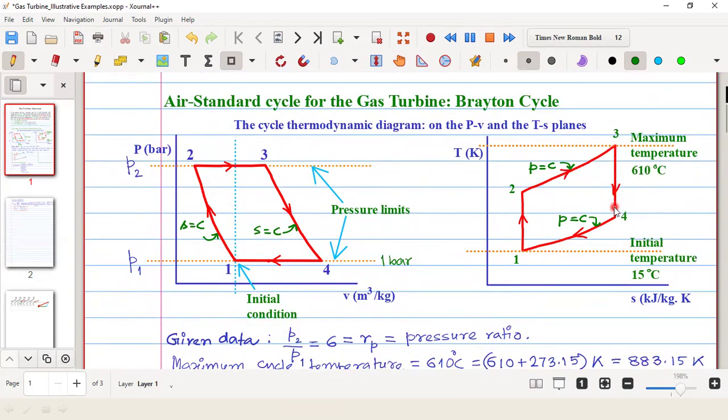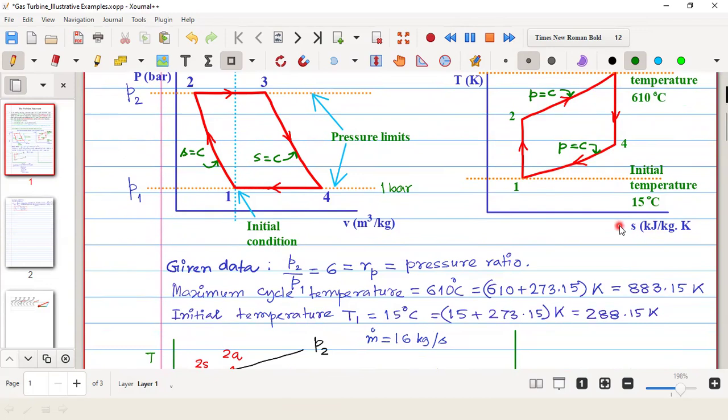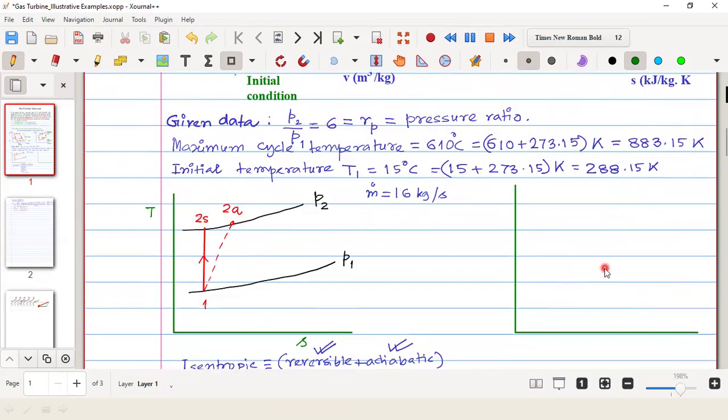So for this 3 to 4, there will be a deviation. Now we will draw the same pressure line here again, or we could draw it here also. Now let us show it here separately. So there will be a pressure line.